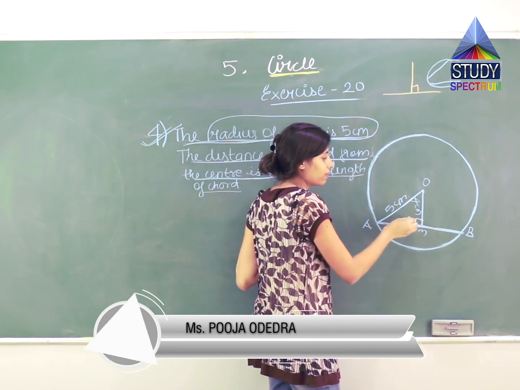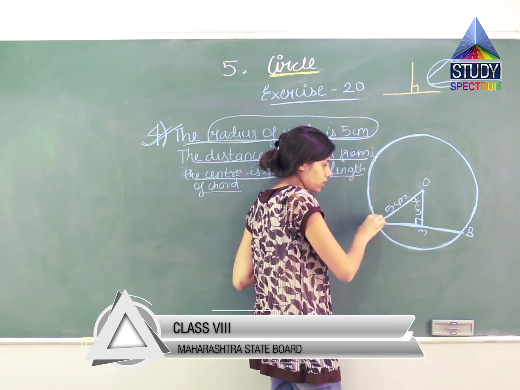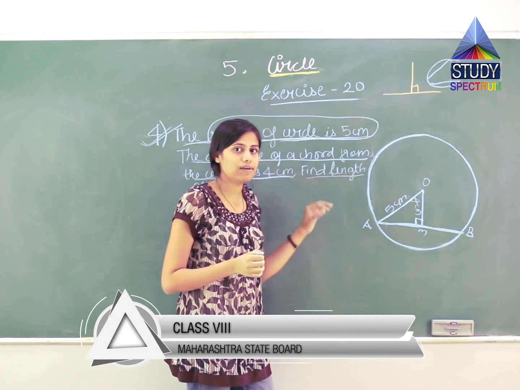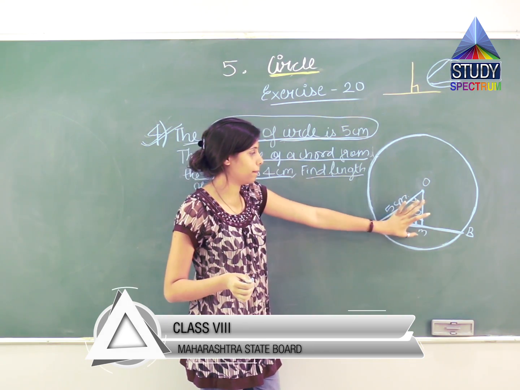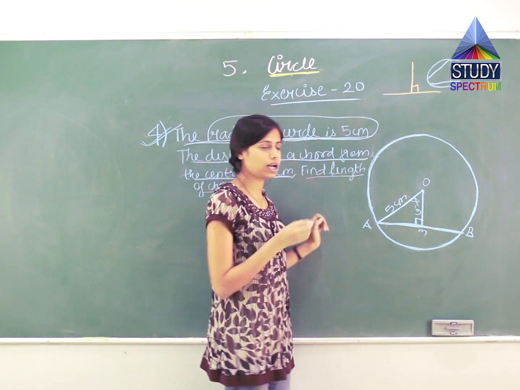So over here tell me which is the side opposite to 90 degree. It is OA. What does it mean? OA will be equal to OM square plus AM square. So let us write that.